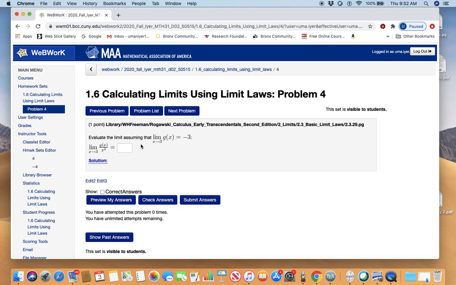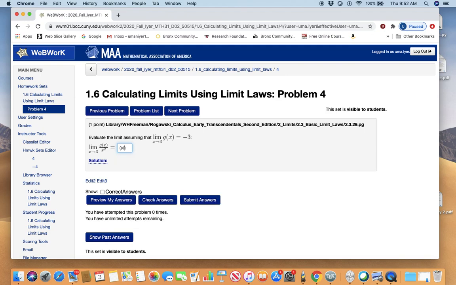Evaluate the limit assuming you are given limit x approaching 3 of g(x) is negative 3. So what is limit x approaching 3 of g(x) over x squared? Well, using limit laws, I have to find the limit upstairs and the limit downstairs. So it is a fraction.